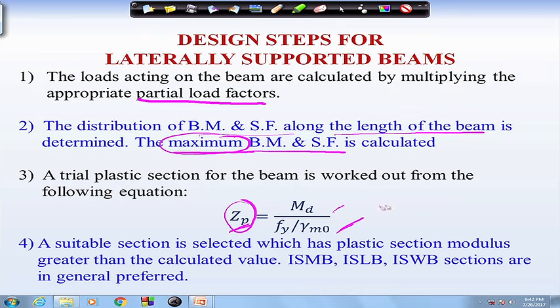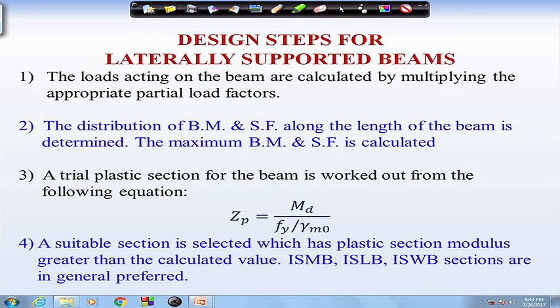From the plastic section modulus we can select a suitable section, whether ISMB or ISLB, whose plastic section modulus is slightly greater than this.